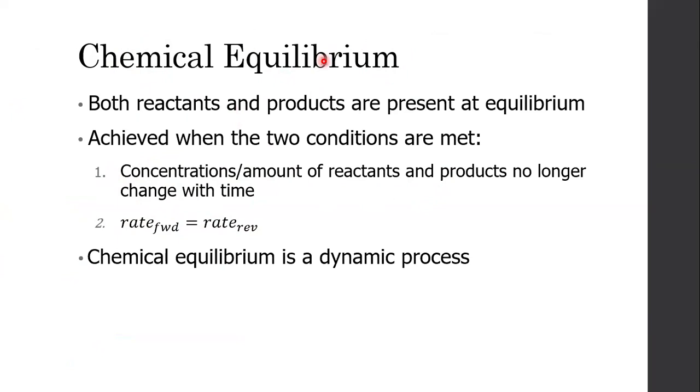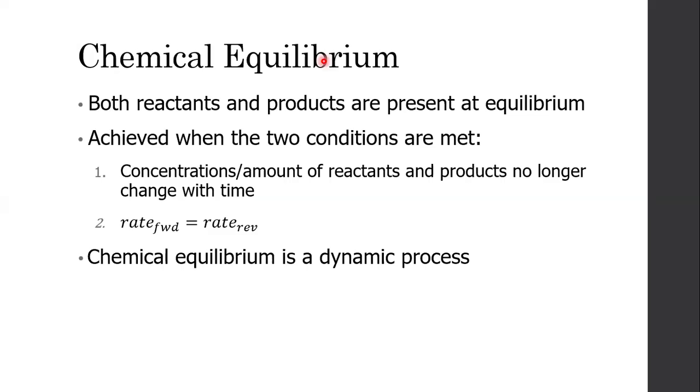Also, chemical equilibrium is said to be a dynamic process. Dynamic in a sense wherein we don't see a macroscopic change, just like what we saw in the video, wherein the man could continue scooping water and swapping them between the tubs, but the amount of the reactant and product would no longer change.